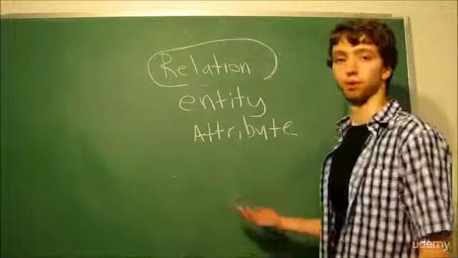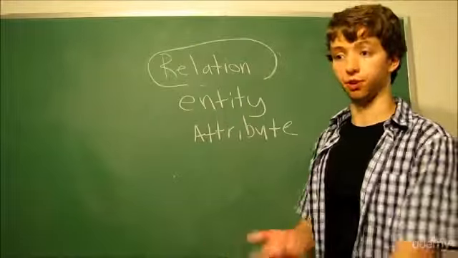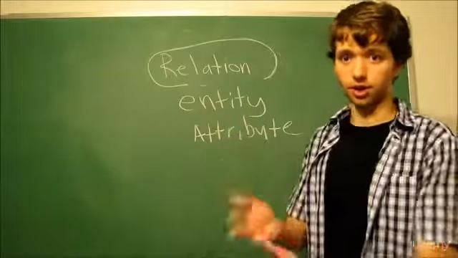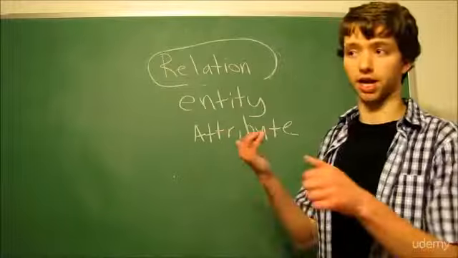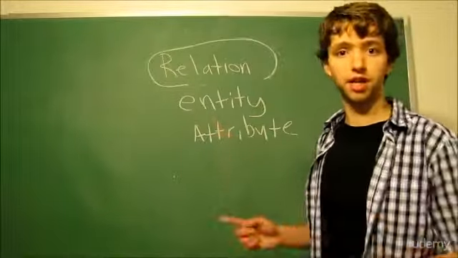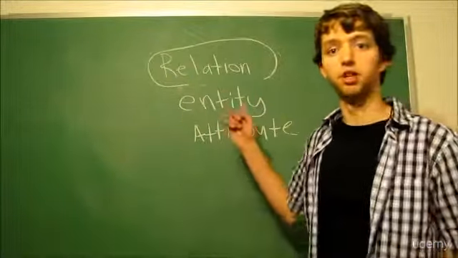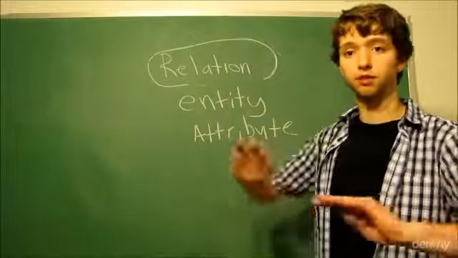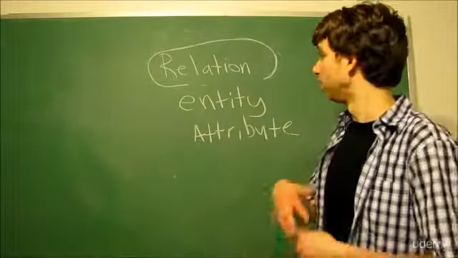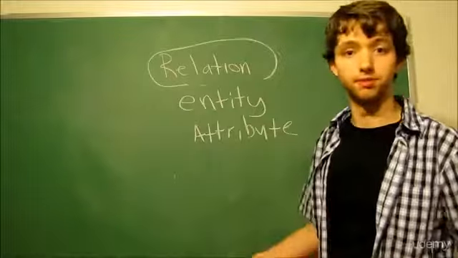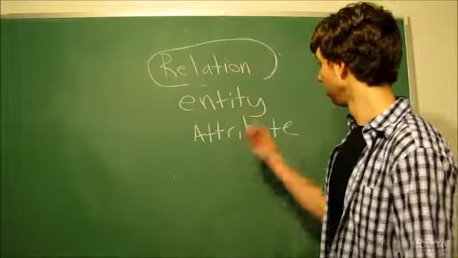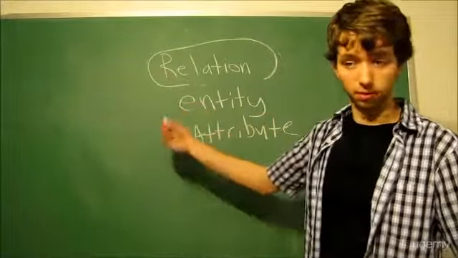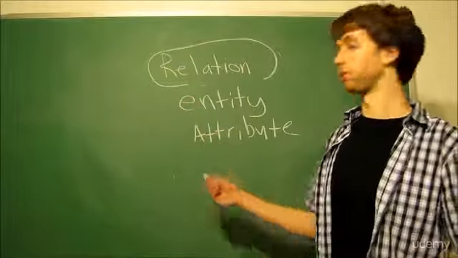So if an entity is a person, an attribute would be their name, their username, their password, their hair color, their address, their phone number, their relationship status, the person they're in a relationship with, the orders that they've made, or whatever it is. It just depends on what you need to store for that specific application. So entity is what we store the data about. Attribute is what we store.